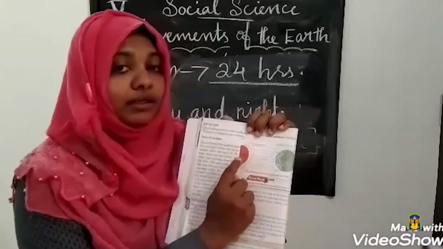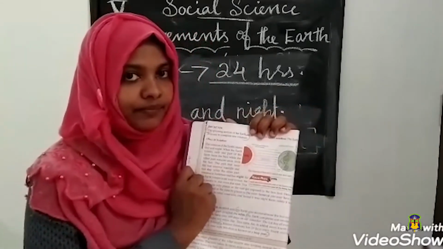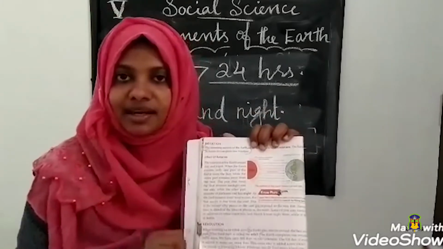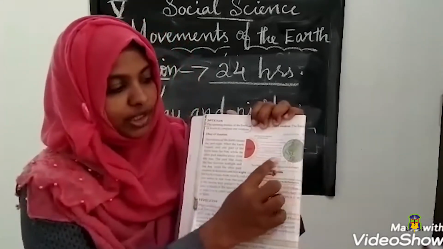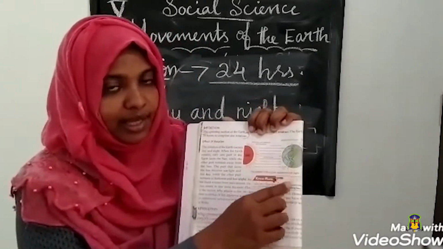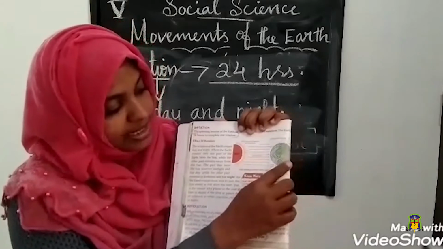When the Earth rotates, only one part of the Earth faces the sun. You can see the picture here. One part of the Earth we can see clearly. The other part we cannot see clearly, there is some darkness.